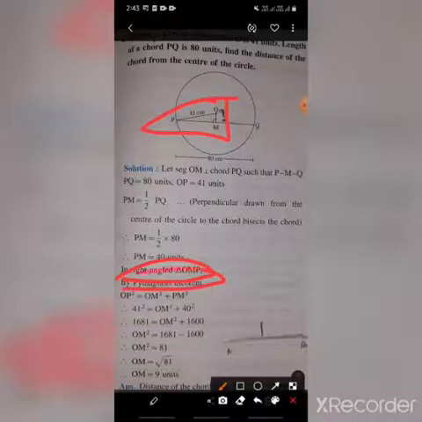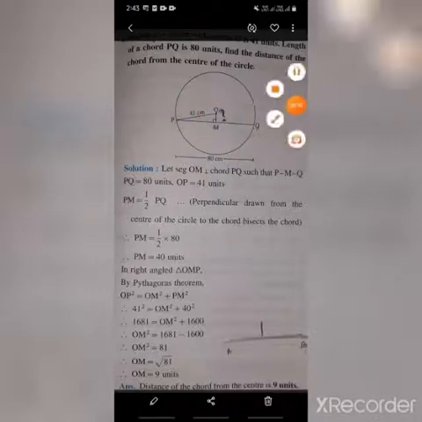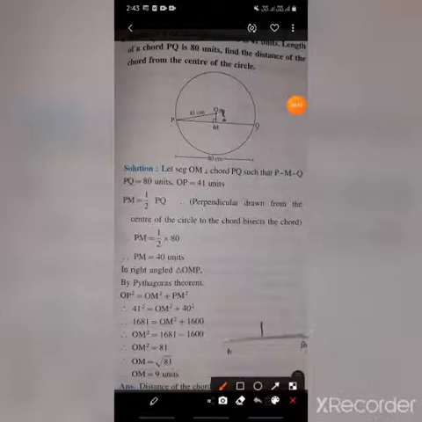by Pythagoras theorem, OP square is equal to OM square plus PM square. Where is the hypotenuse? Hypotenuse side is OP. Here the value of OP is 41, OM we have to find, and PM is 40.